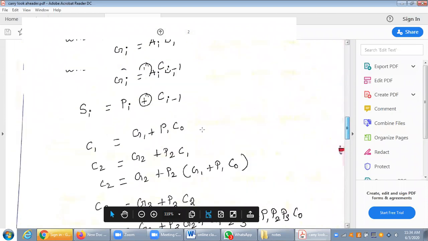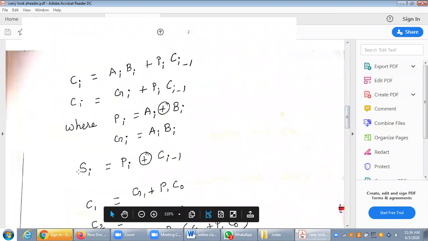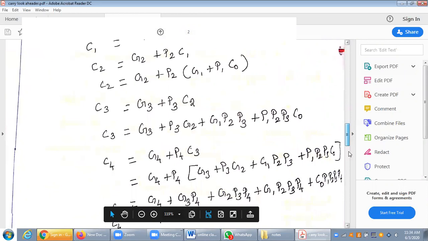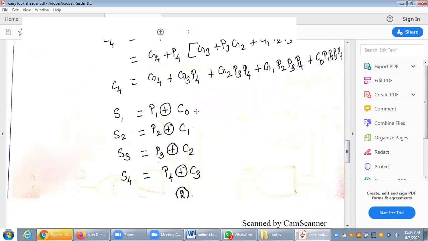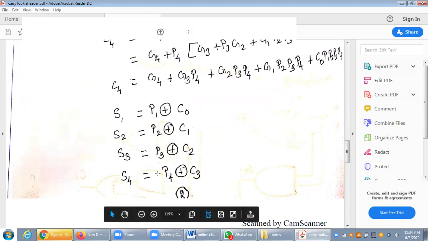And similarly, for this circuit, Si is Pi XOR Ci minus 1, so that also you have to substitute. S1 is P1 XOR C0, S2 is P2 XOR C1, S3 is P3 XOR C2, S4 is P4 XOR C3.